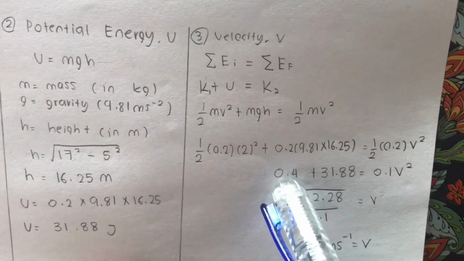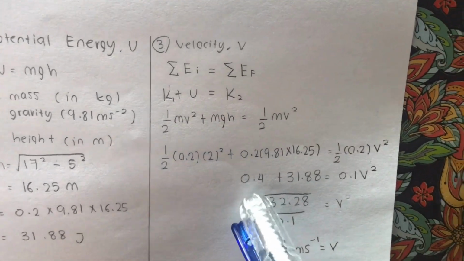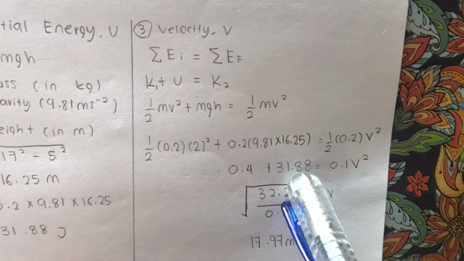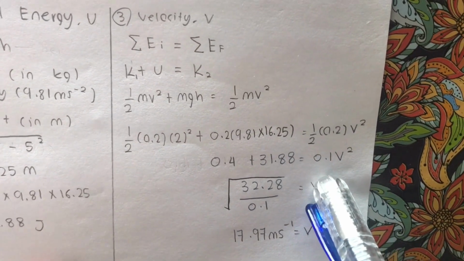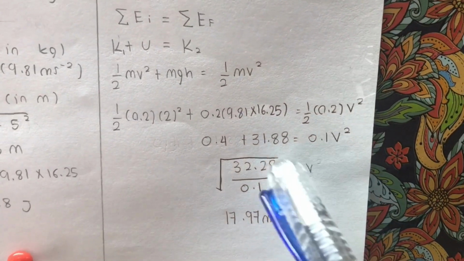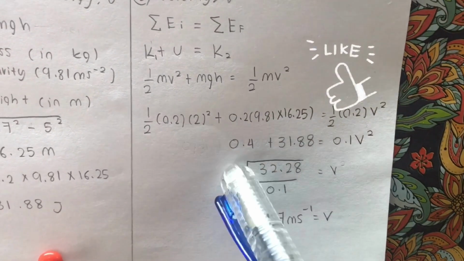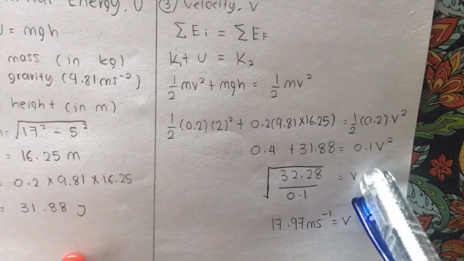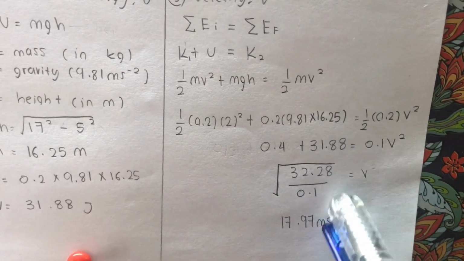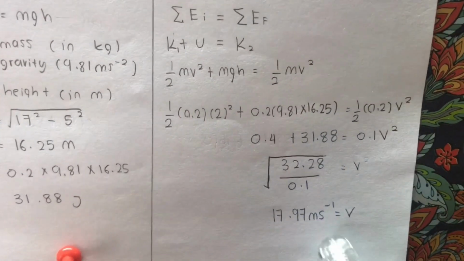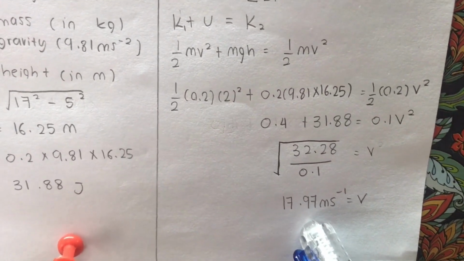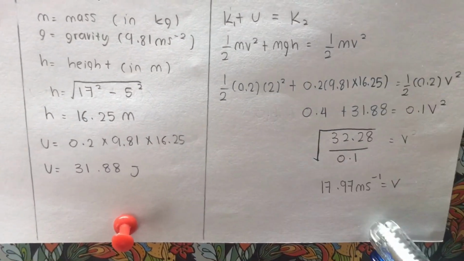So we got 0.4, and 31.88 equal to 0.1 v to the power of 2. We add this answer, divide by 0.1, and take the square root, and we got the answer 17.97 ms to the power of -1.